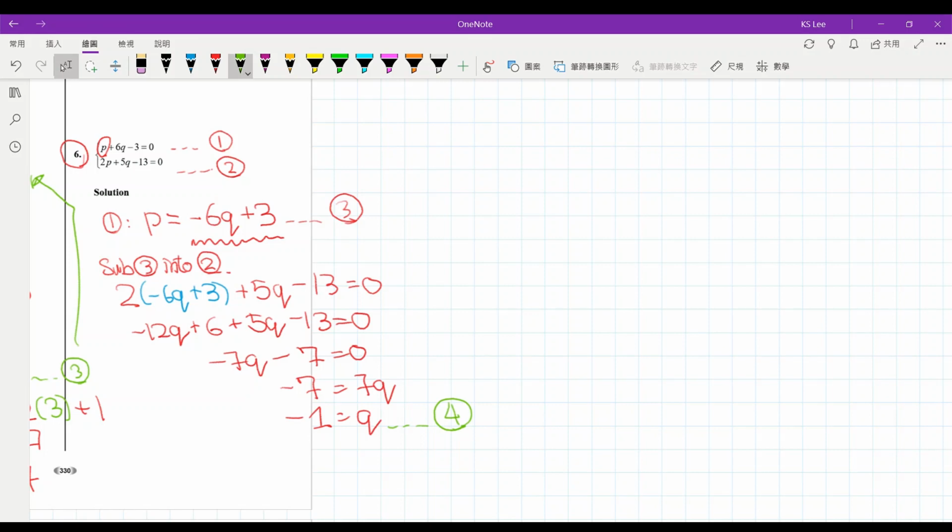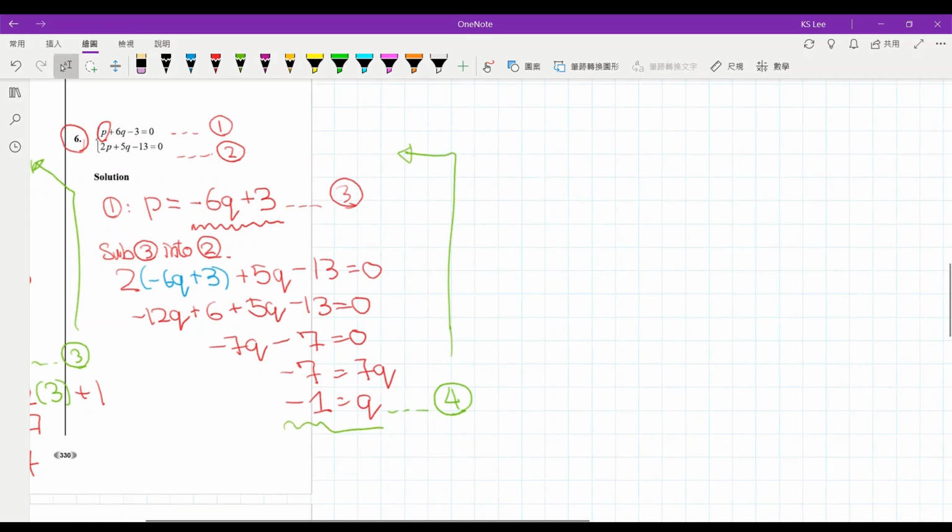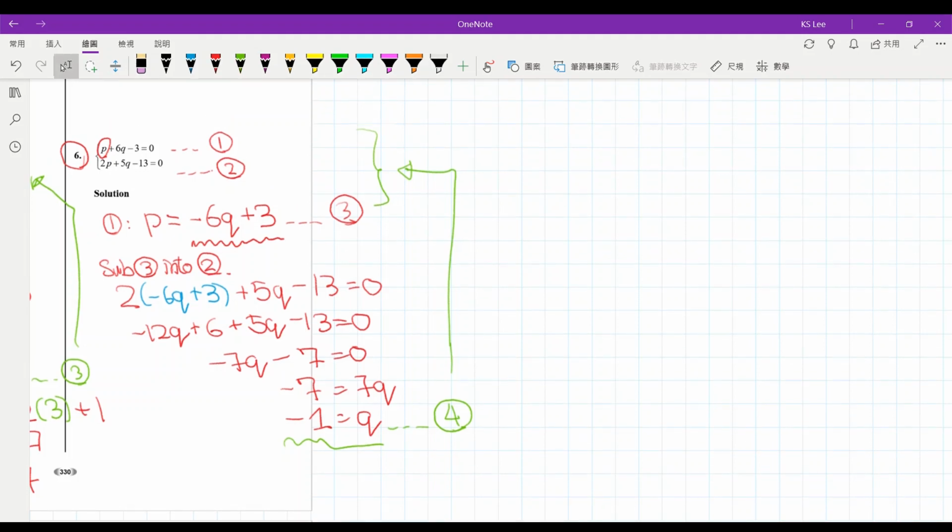We are going to substitute the q back into the 3 equations in the front. So now, which equation are we going to substitute the q into? It's easier for us to substitute the q into equation 3, because in equation 3 we have p as the subject.